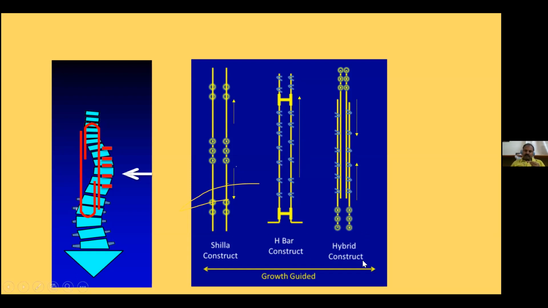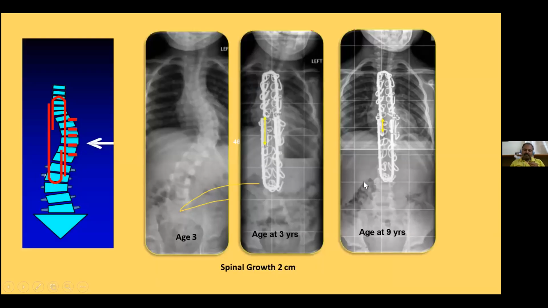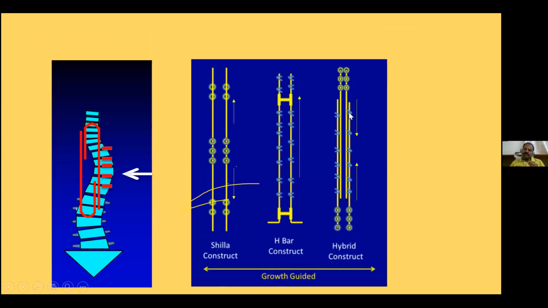And then what is called a hybrid technique. With the advent of pedicle screws, more and more this technique is followed. You do have a proximal anchor and a distal anchor. Fuse them, and here you have two rods. You don't have to lengthen every time.